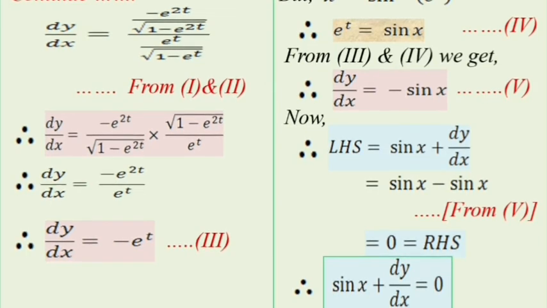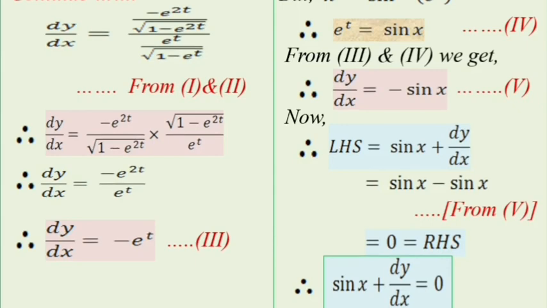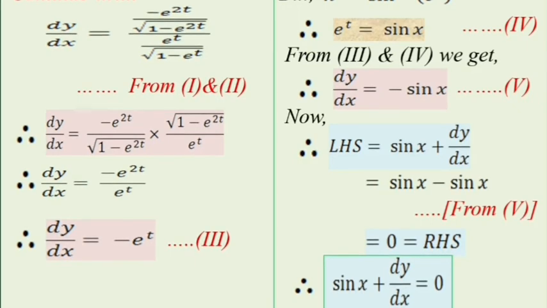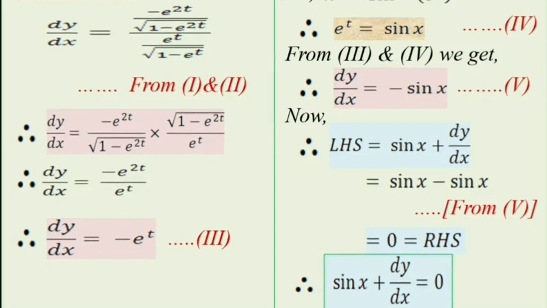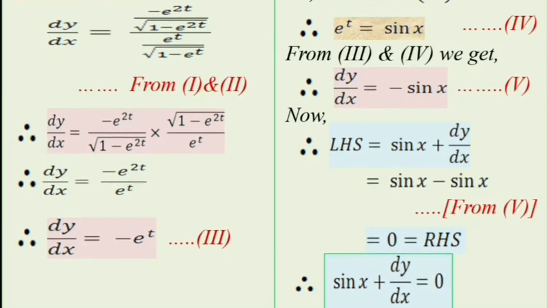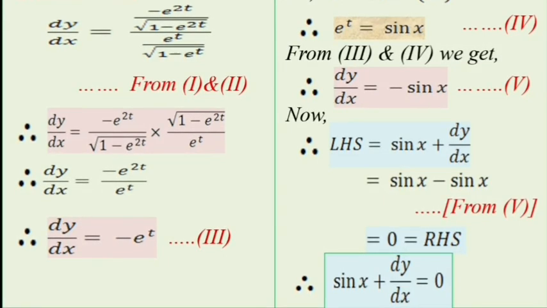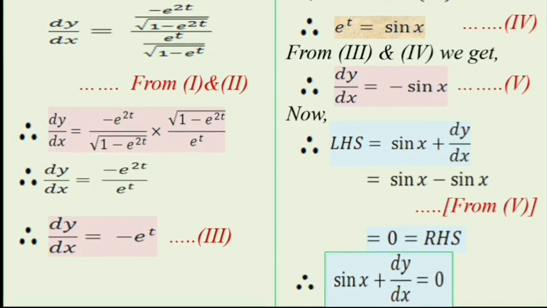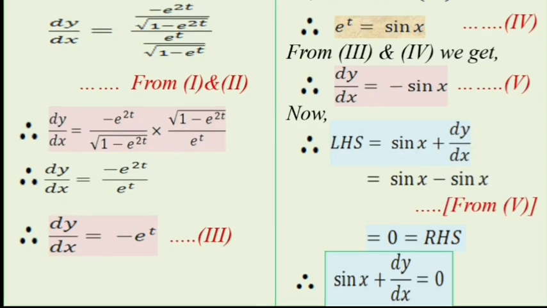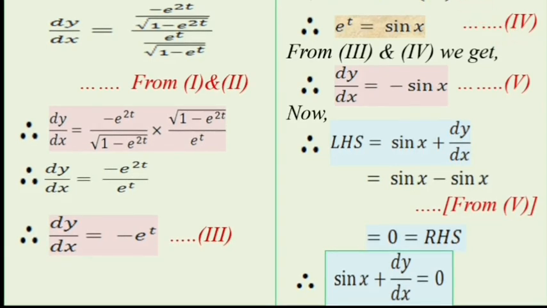In all the 4 examples, first we find the derivative of y with respect to t, then x with respect to t, and then we find the derivative of y with respect to x by the theorem of derivatives of parametric function, and then by simplifying we derive the proof of our given example.